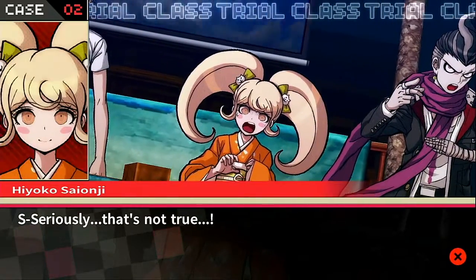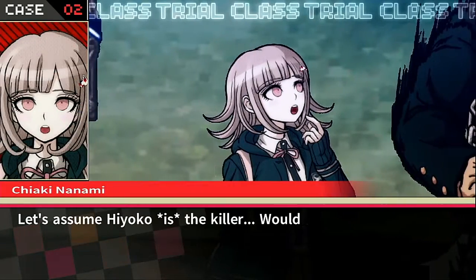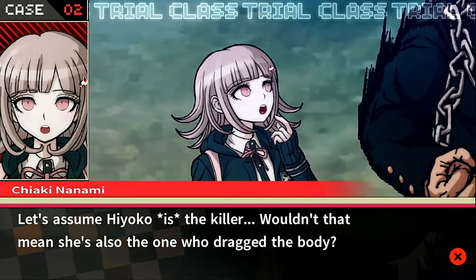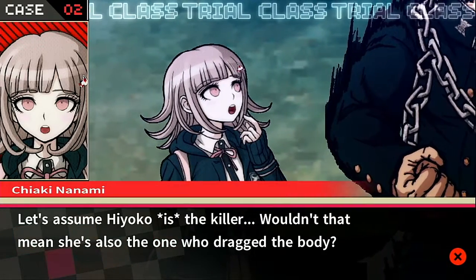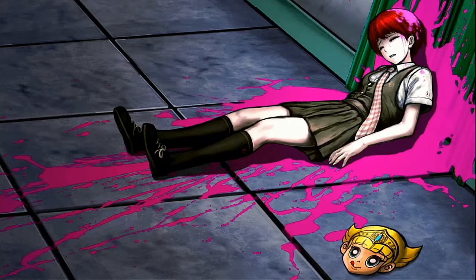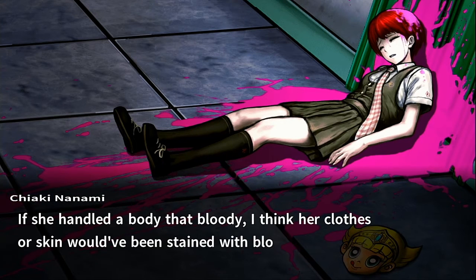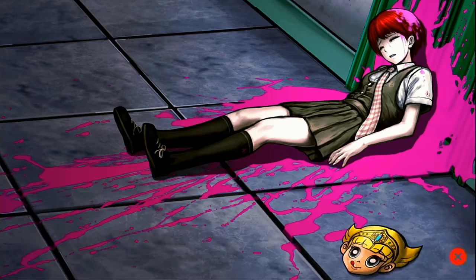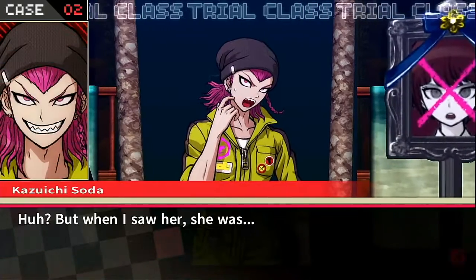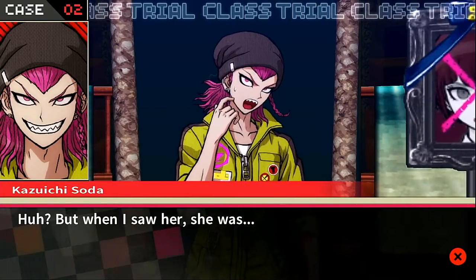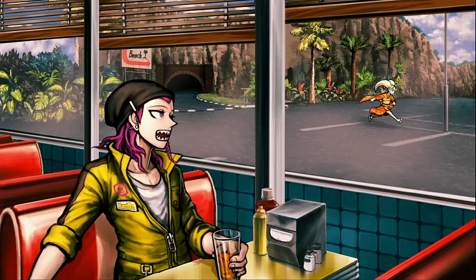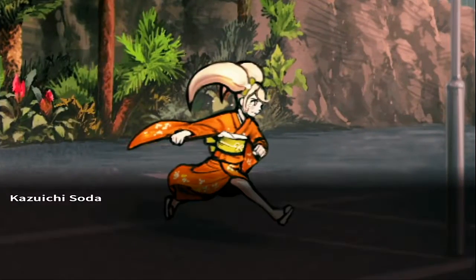Seriously! That's not true! Let's assume Hiyoko is the killer. Wouldn't that mean she's also the one who dragged the body? If she handled a body that bloody, I think her clothes or skin would have been stained with blood. Huh? But when I saw her, she was clean.